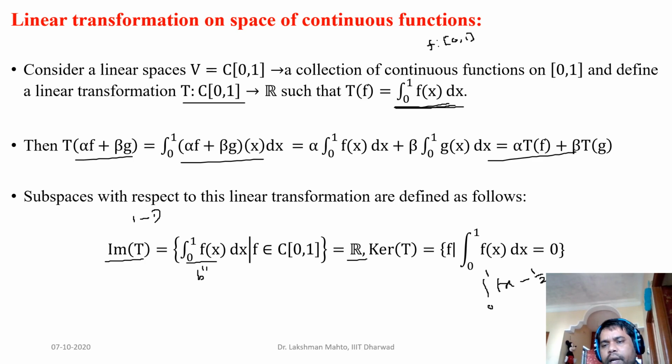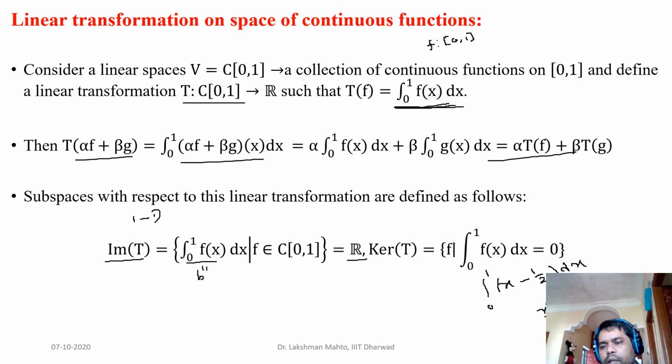If you integrate over the interval 0 1, it takes the form x square by 2 minus x by 2, and it is a definite integral. You have to put in the limits. The lower limit is 0, the upper limit is 1.